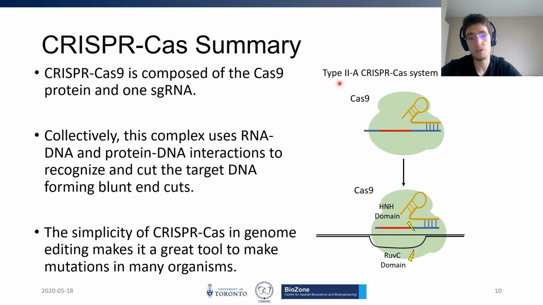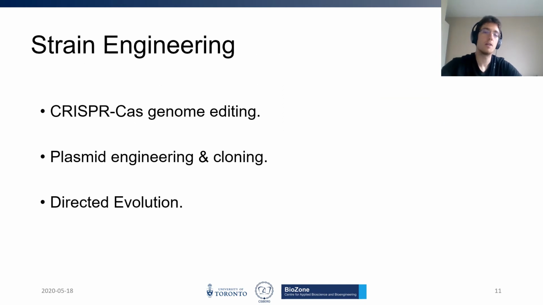And we also discussed how the simplicity of CRISPR-Cas in genome editing makes it a great tool to make mutations in many organisms. And this conversation that we just had is a great segue in many forms to discussing strain engineering. Okay, so what is strain engineering?